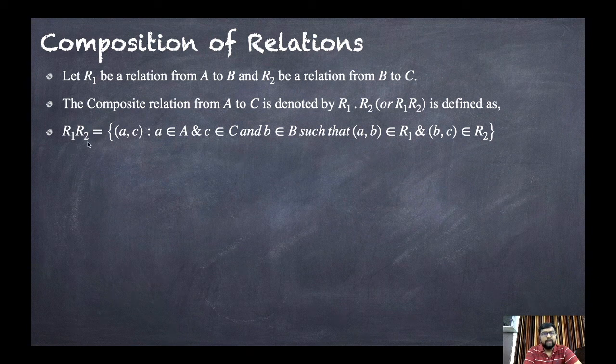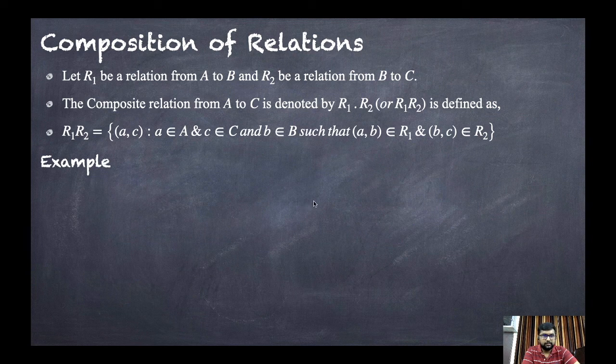That means a has to be R1 related to b and b has to be R2 related to c. We will discuss in an example.